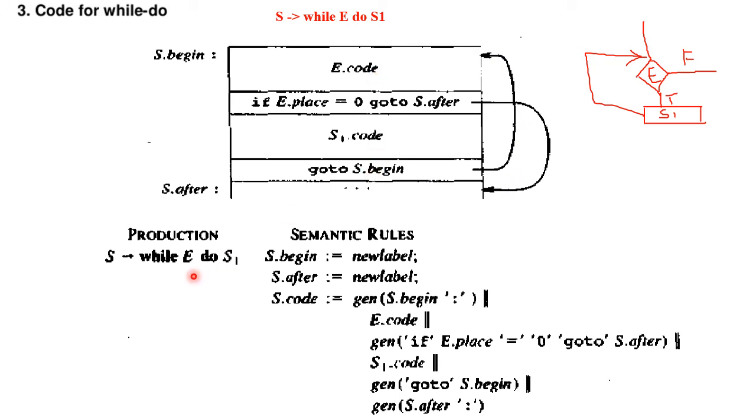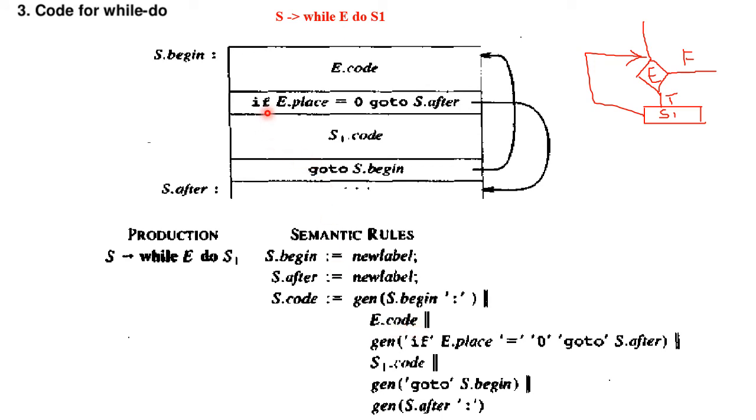Now let us see the semantic action. S gives while E do S1. Two labels we are required. S.begin equal to new label. S.after equal to new label. We have to create this label first. So S.code equal to gen S.begin. Then we require the three address code corresponding to expression E.code.